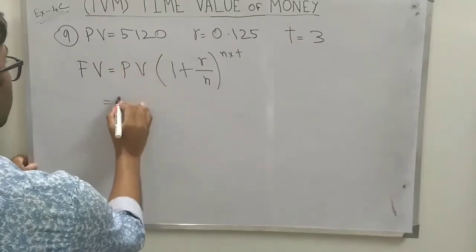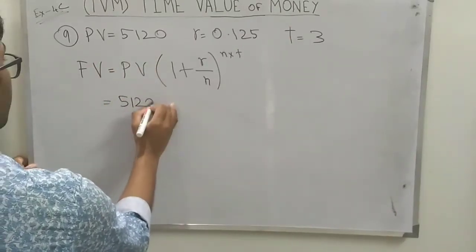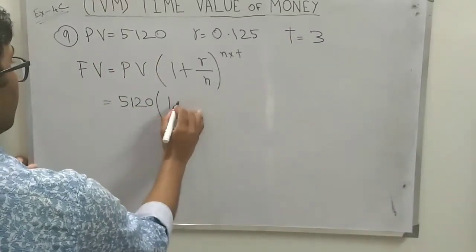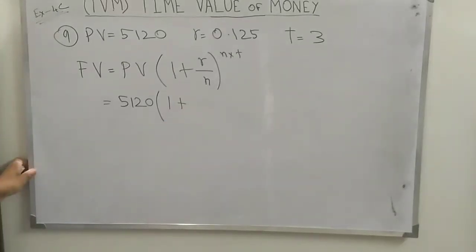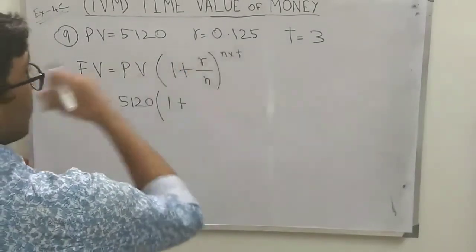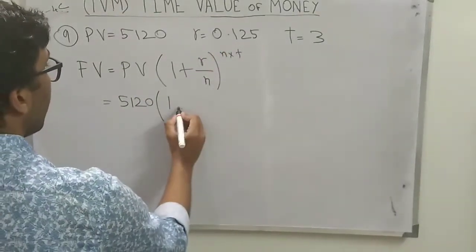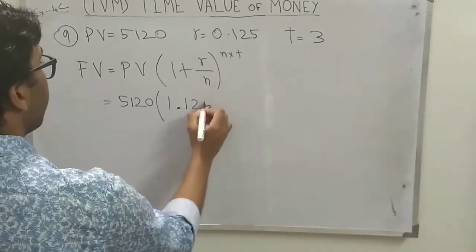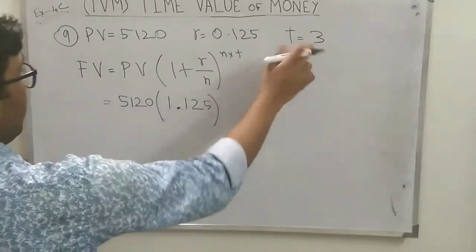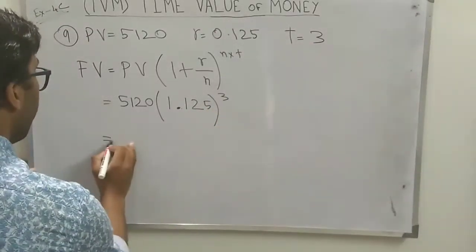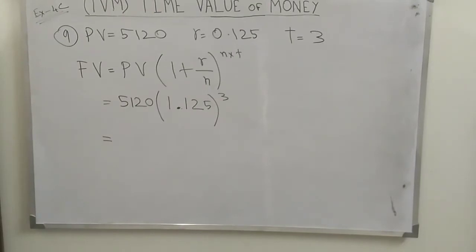Now present value is 5120 into 1 plus R, that means 1.125 to the power n into t, to the power 3. The value is 1.125 to the power 3 into 5120.